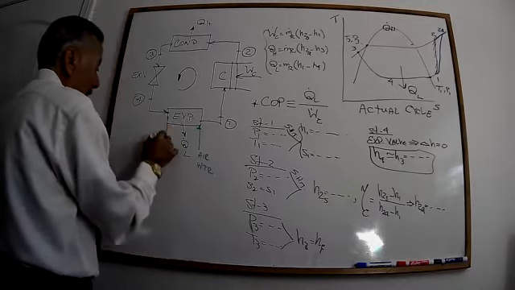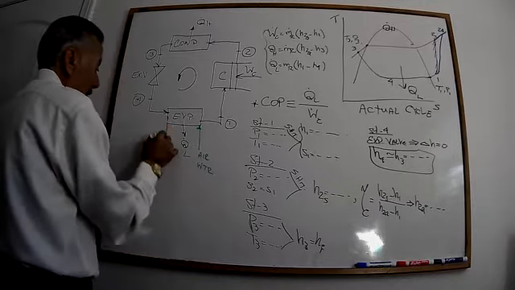We know what our QL is. Our QL is the mass of refrigerant times H1 minus H4. For the other side, we can use the heat transfer equation. We can say the mass of water times Cp of water times delta T, T2 minus T1.